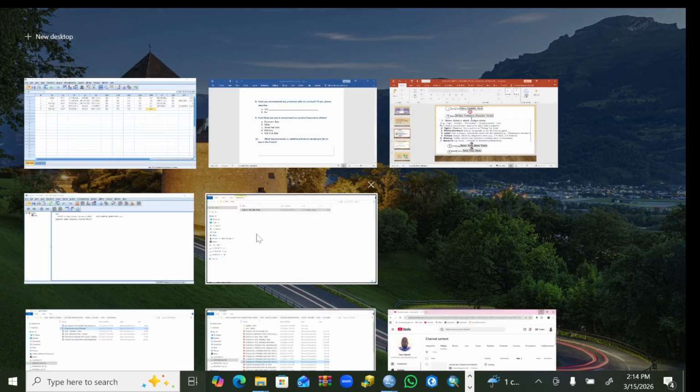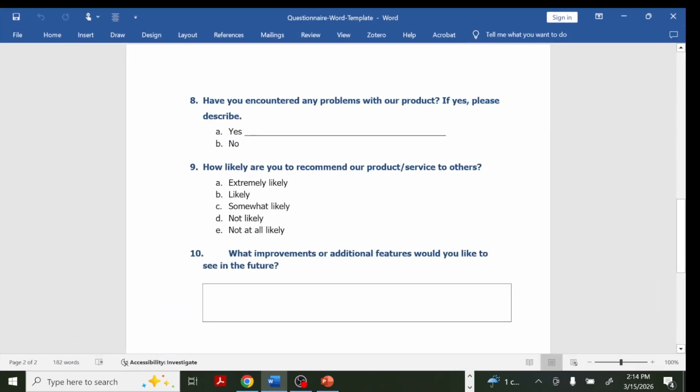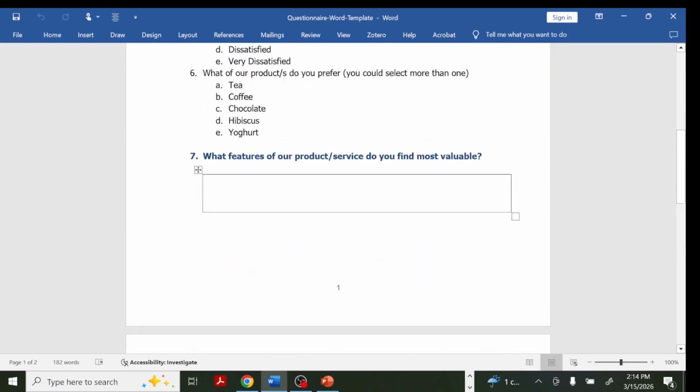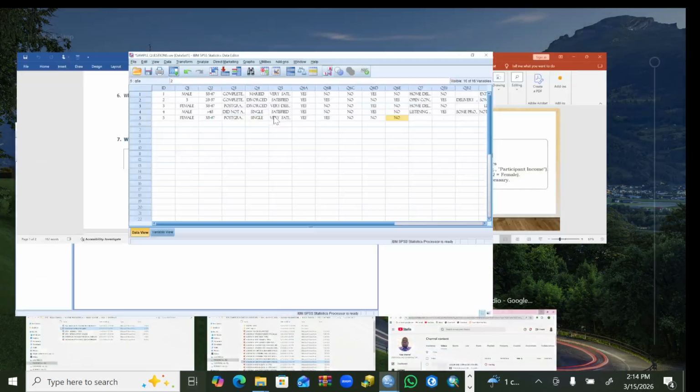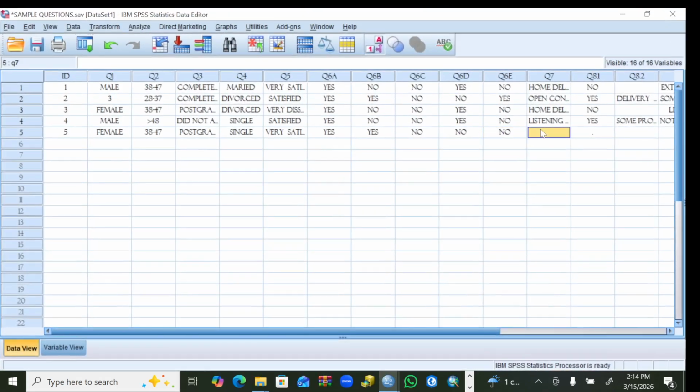Question number 7 is what feature of our product service do you find most valuable? Number 7, say delivery service.